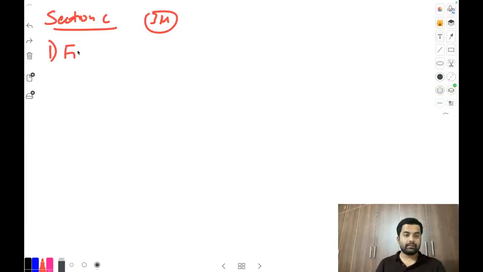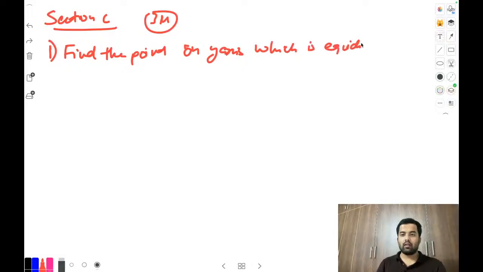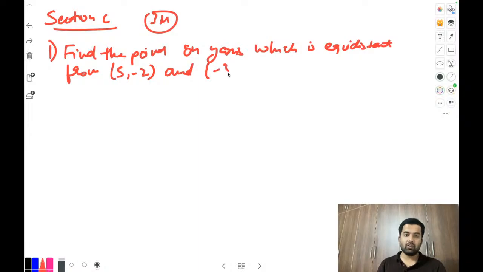Find the point on y-axis which is equidistant from 5 comma minus 2 and minus 3 comma 2.